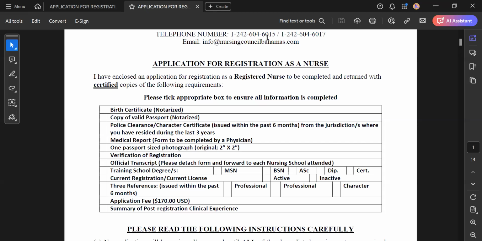And the notarization, you are not notarizing the original certificates or your original copies. You are notarizing the scanned or photocopied ones, the colored ones. That is what you send to your lawyers for them to notarize.